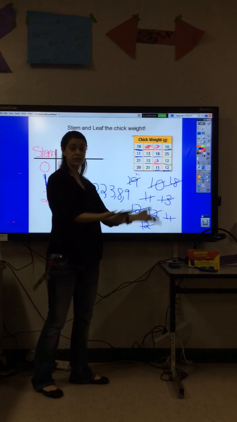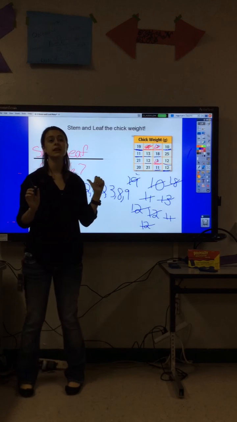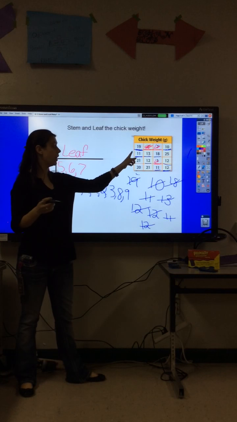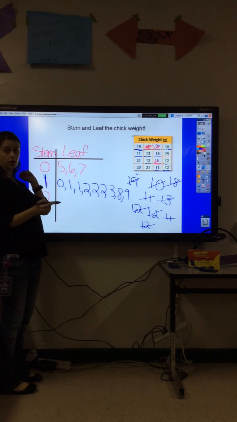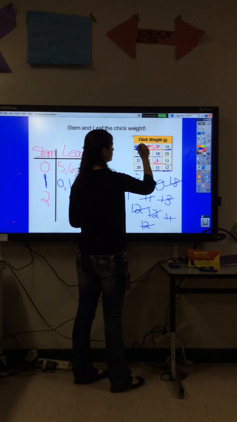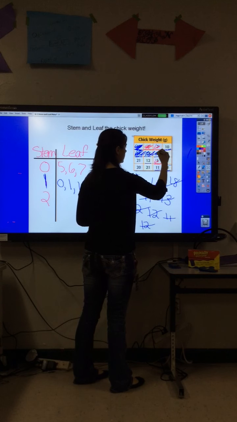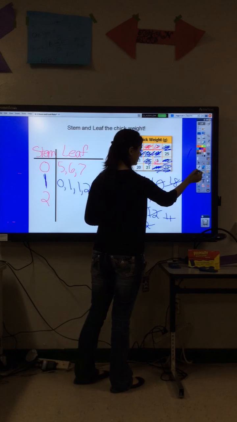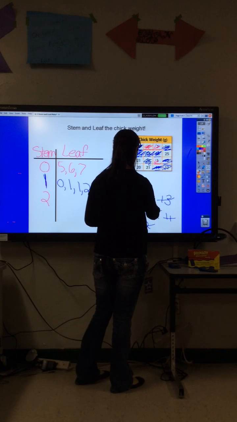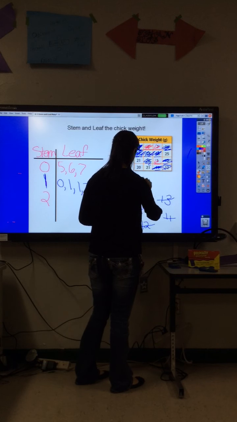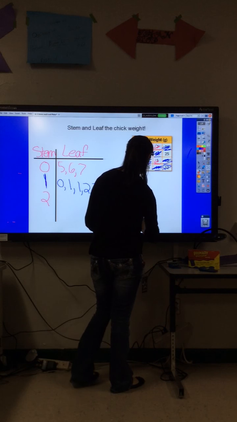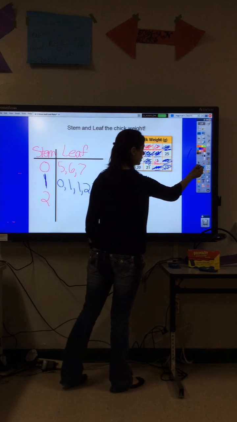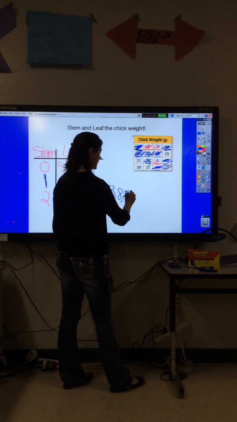And then we're done with all the numbers starting with a 1 in the tens column. So let's cross those off. Still need that 9 there?